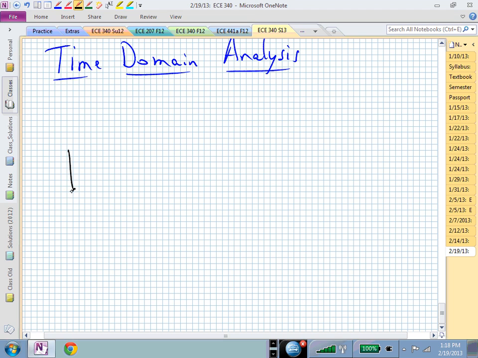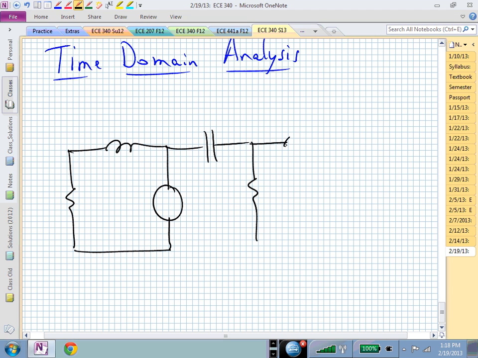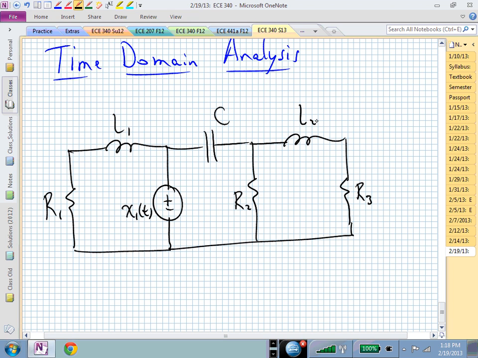Let's not change that. And let's have our same outputs. We have y sub 1 and y sub 2.